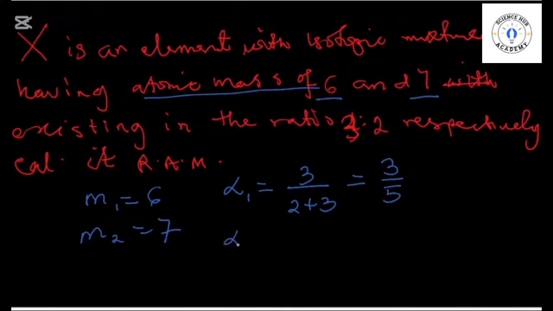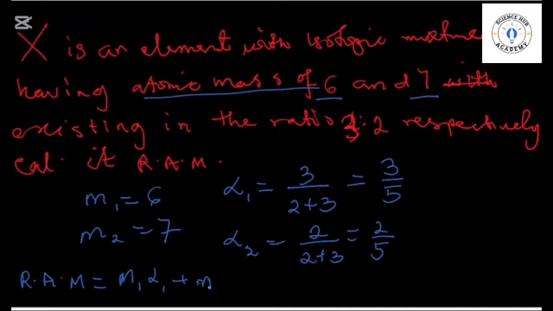My alpha 2 will be 2 over 2 plus 3, which is 2 over 5, right? So the relative atomic mass equals M1 alpha 1 plus M2 alpha 2, which is 6 times 3 over 5 plus 7 times 2 over 5.